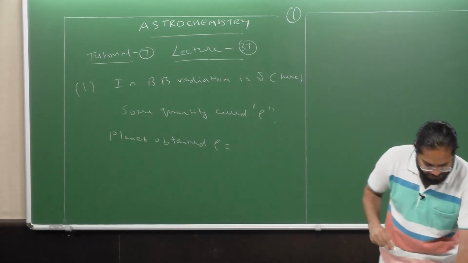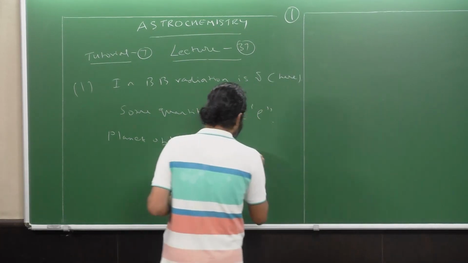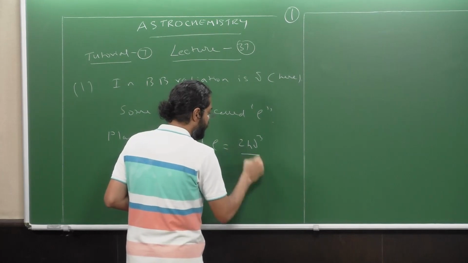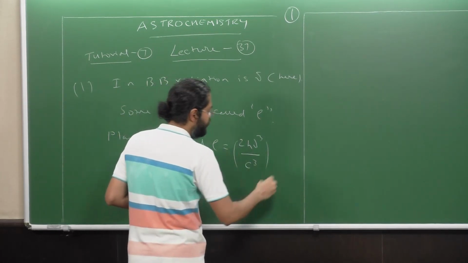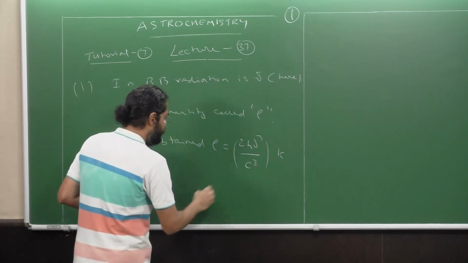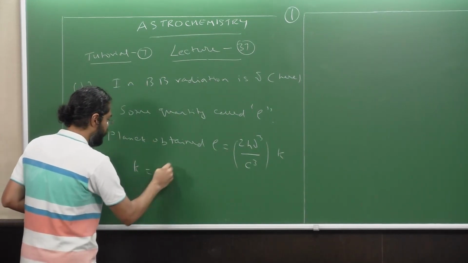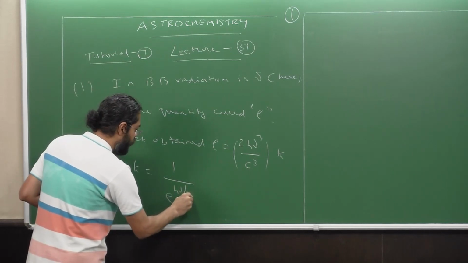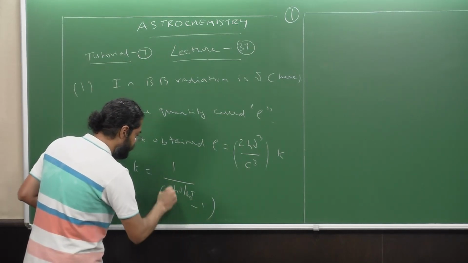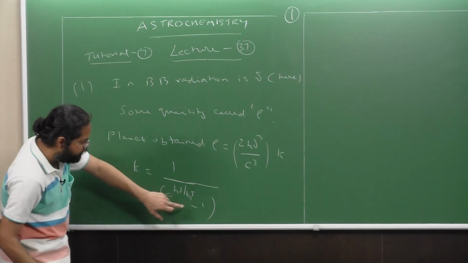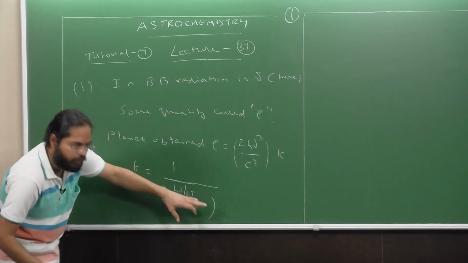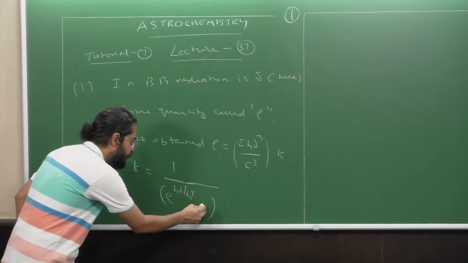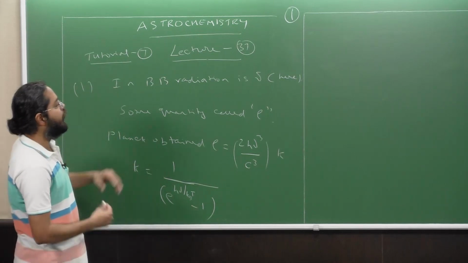It is 2h nu cube by c cube times k, where k is 1 by e to the power h nu over kBT minus 1. So this minus is not part of the exponent. It is along with the T. So e to the power h nu by kBT, minus 1. All right, so this is what Planck obtained.